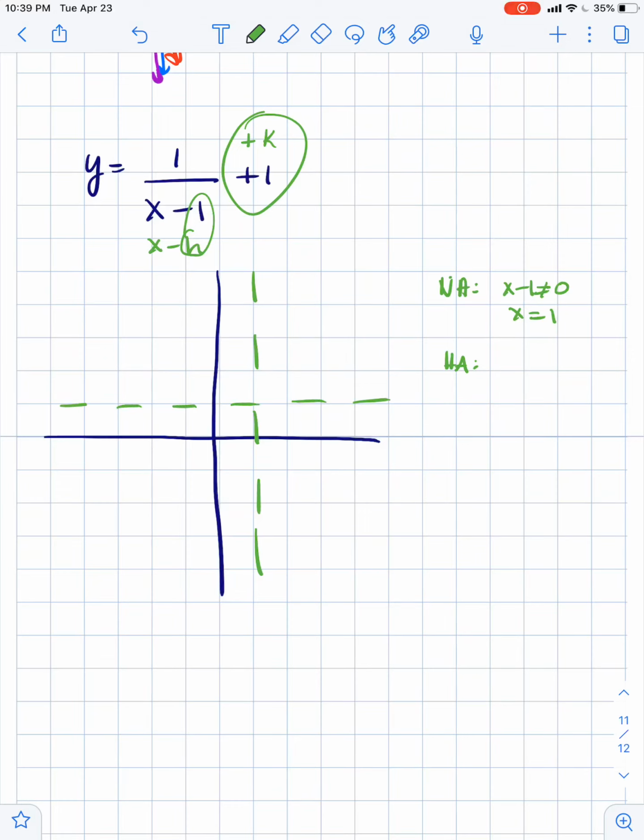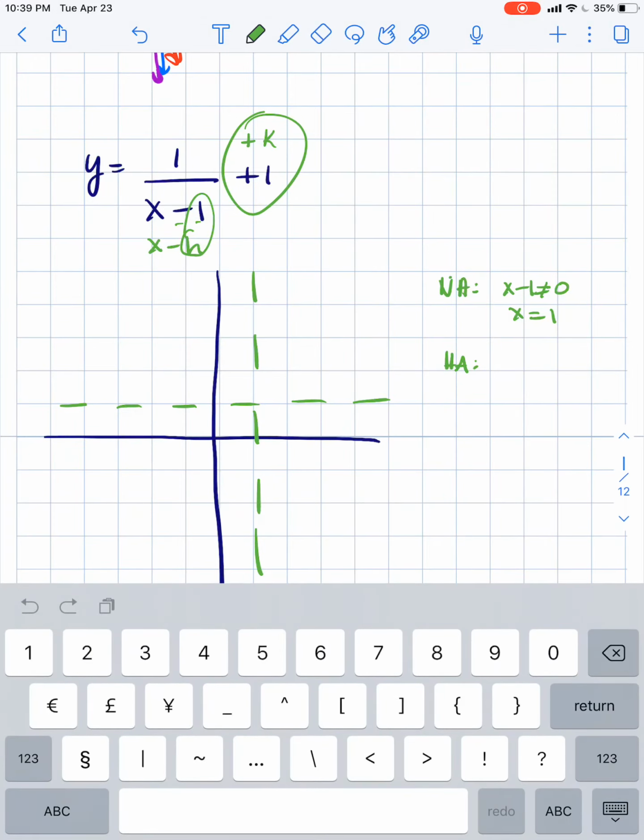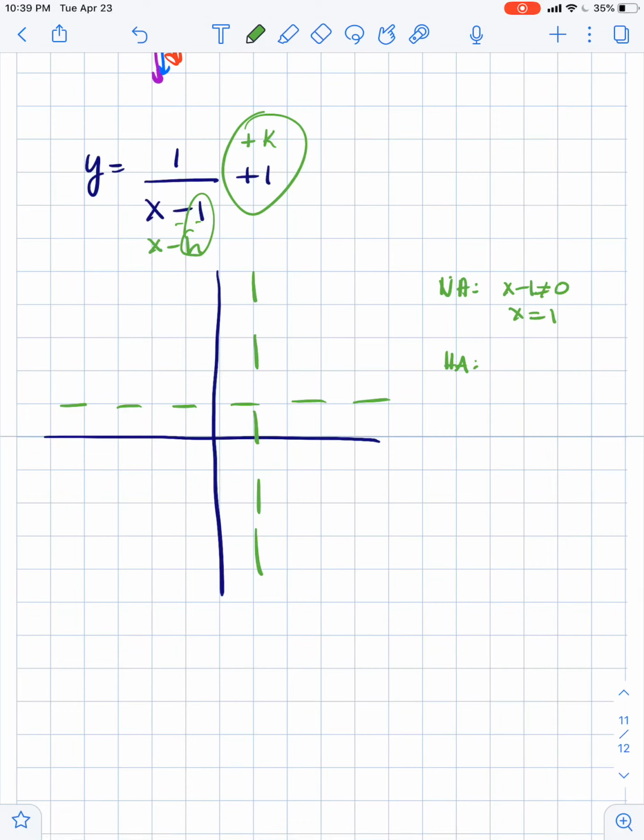Does that make sense, what we're doing? I'm looking at it in terms of translations. Okay, so this minus 1 moved it right, and the plus 1 moved it up. So my horizontal asymptote is no longer at y equals 0, but it is at y equals 1, because I just moved my graph up.